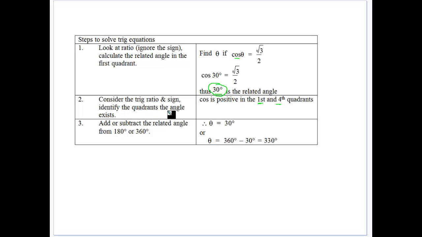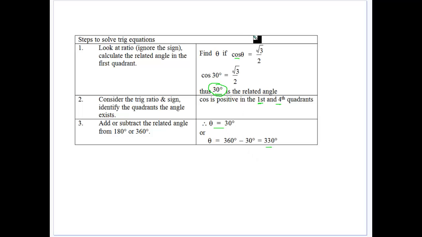Once we've got what quadrants we're in, and we've got our related angle, we can say, okay, what is going to be the angle? In the first quadrant, we're going to have 30 degrees, because that's our related angle. It's the acute angle in the first quadrant. Or if it's in the fourth quadrant, we subtract 30 from 360 degrees, which gives us 330. Then what do you do?